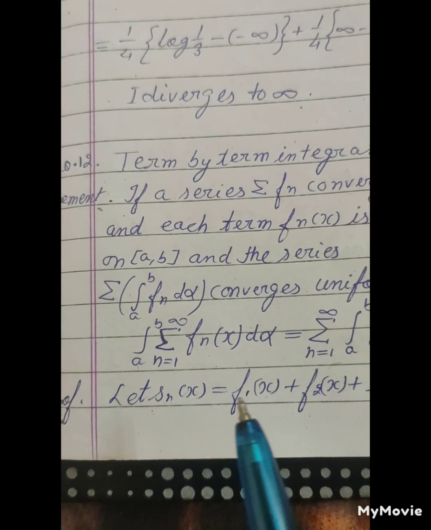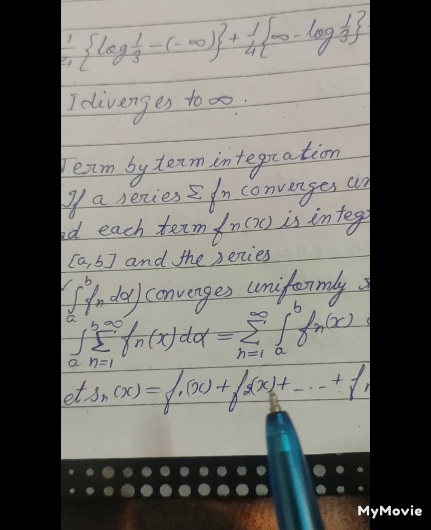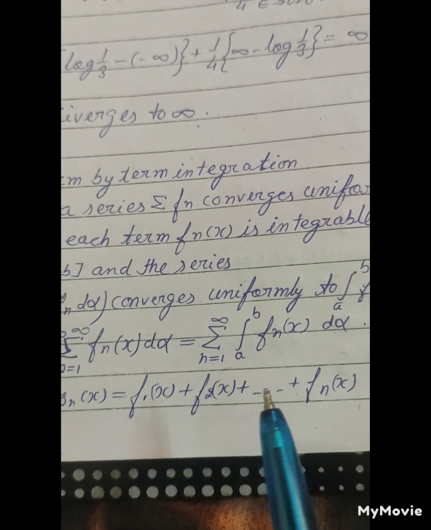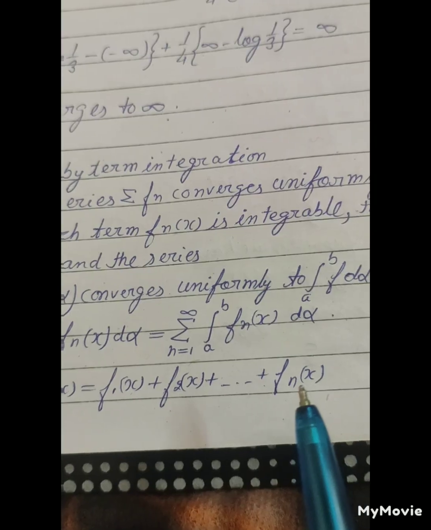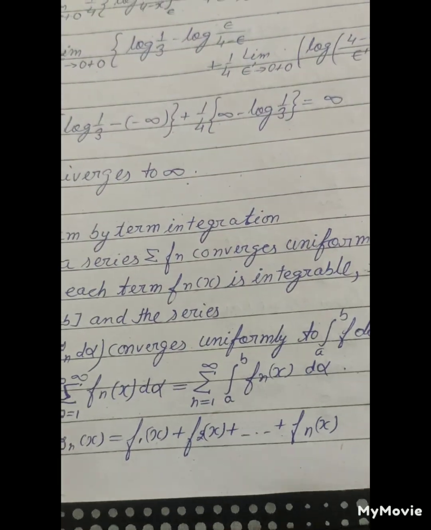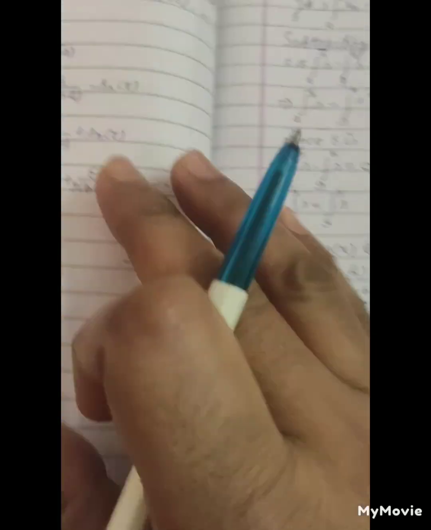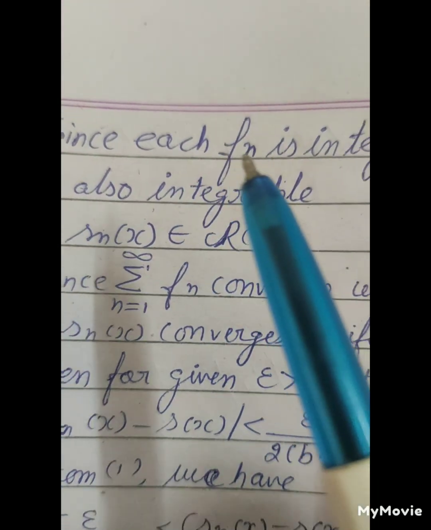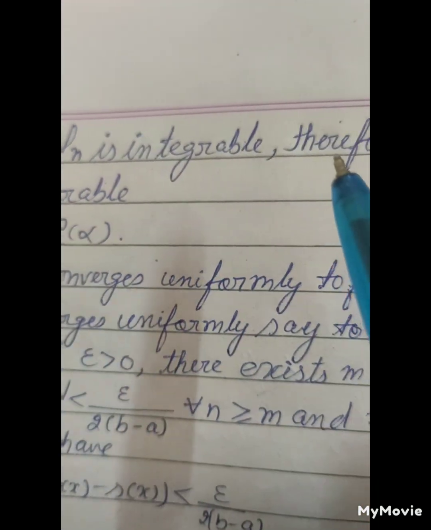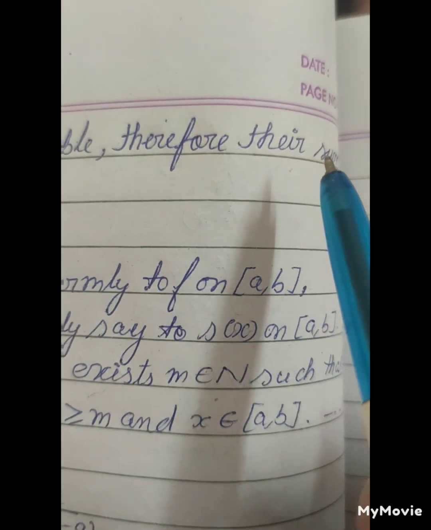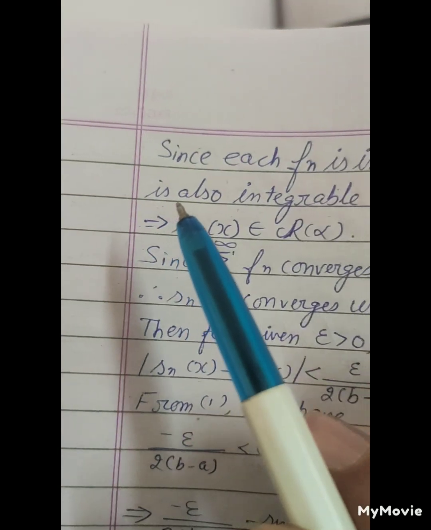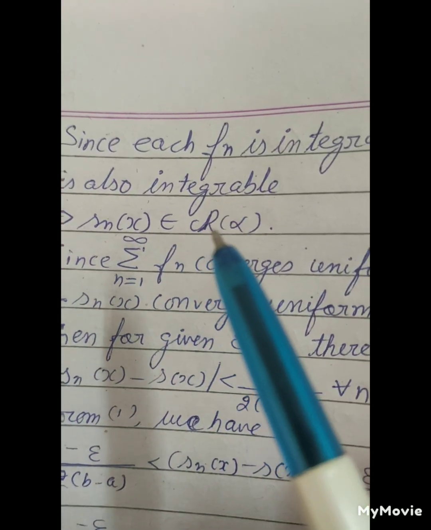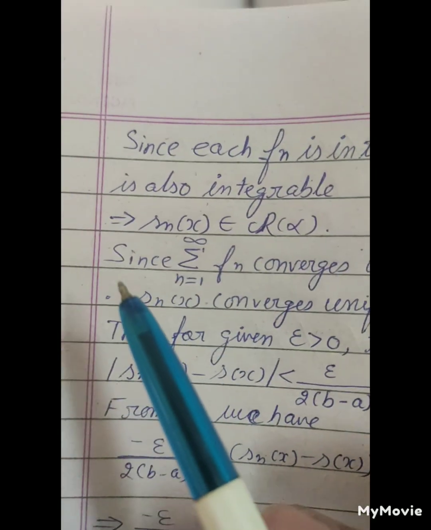Now the proof. Let S_n(x) equal f_1(x) plus f_2(x) plus so on plus f_n(x). Since each f_n is integrable, their sum is also integrable, which implies S_n(x) belongs to R(alpha).